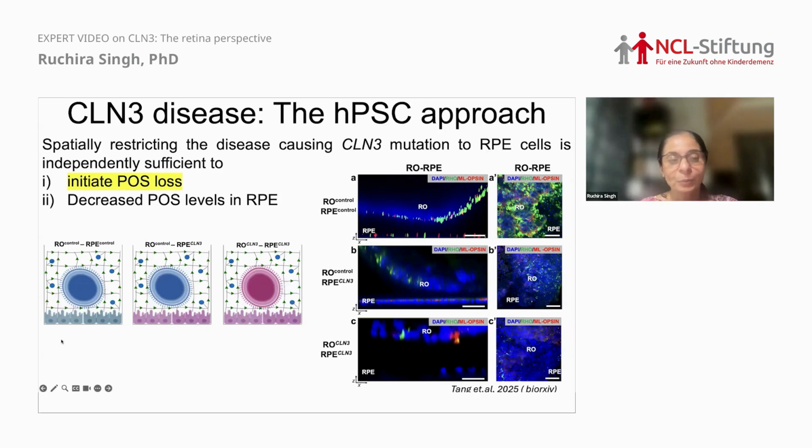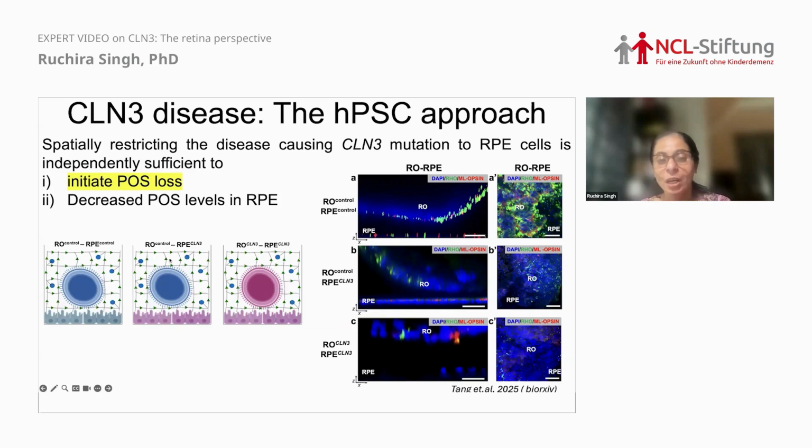So the platform that we use was, you have a complete control culture, so you have the organoids that are control and the RPE that is control. But you can also mix and match. And this is very valuable for understanding the role of a specific cell type or a specific cell layer in promoting retina degeneration.